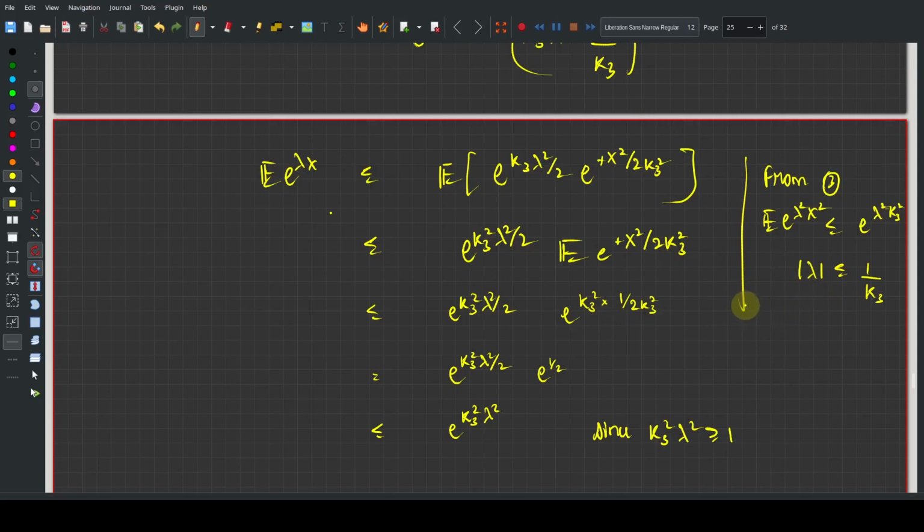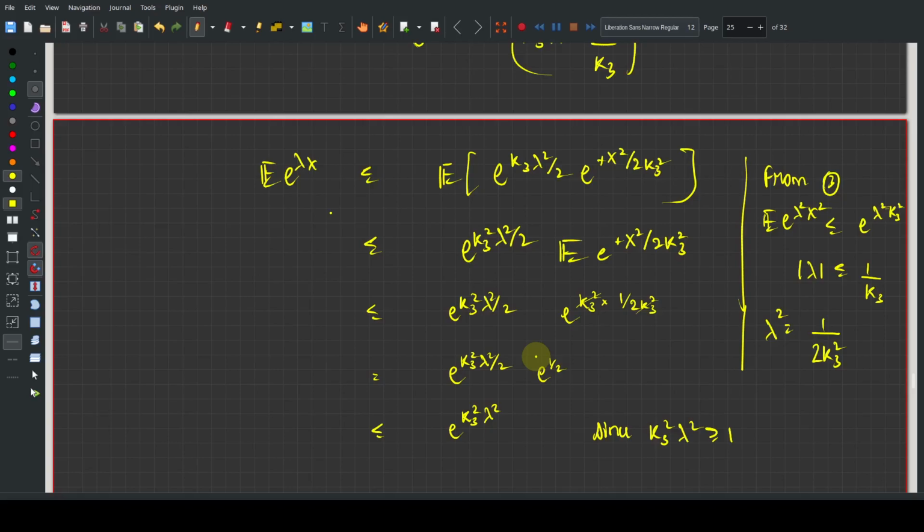So I'm just taking lambda square to be 1 by 2k3 square in this case. This k3 square gets cancelled, so it is e to the half, correct? So this quantity is just e to the k3 square lambda square by 2 times e to the half. Is it okay so far?